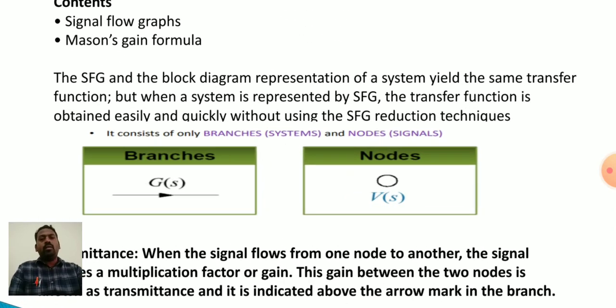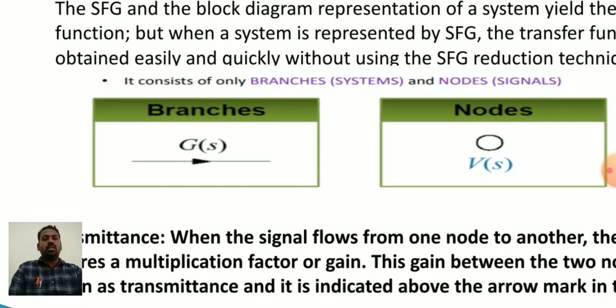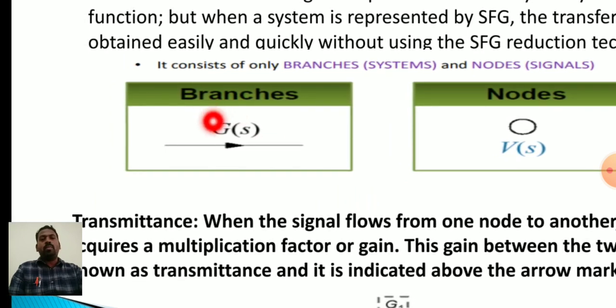It consists of branches, nothing but the systems, and nodes, nothing but the signals. Taking a branch from one point to another point, this is one node here, another node here, and this is the transmittance, that is G of S, shown here between the nodes, that is input node or output node, maybe like that.